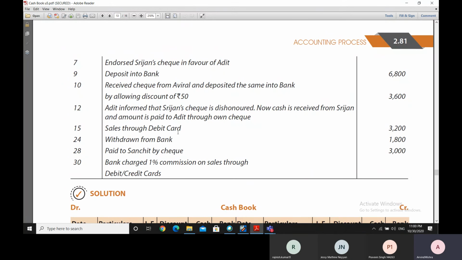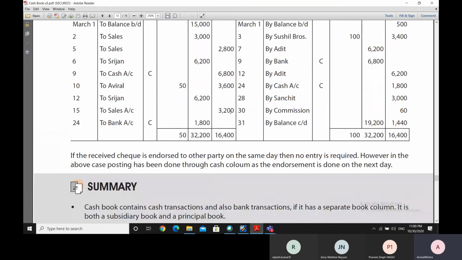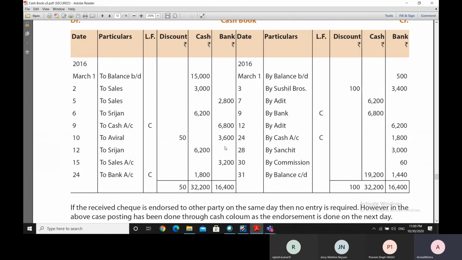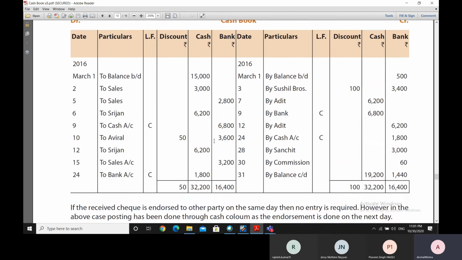Now there is a sale through the debit card, 3,200 rupees. So this sale, 3,200 rupees, is made in the bank column because we received the payment in our bank account, and we withdraw 1,800 rupees from our bank account and bring it to the cash account.